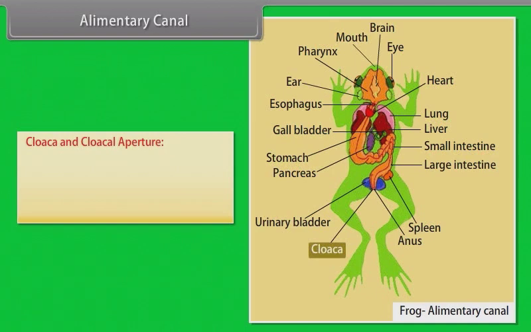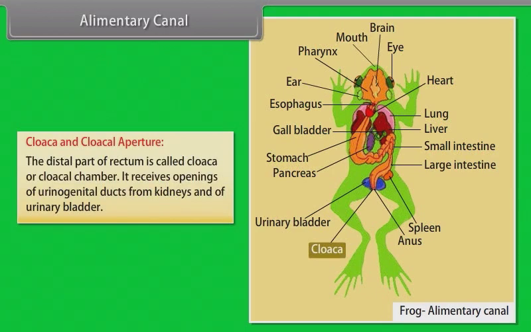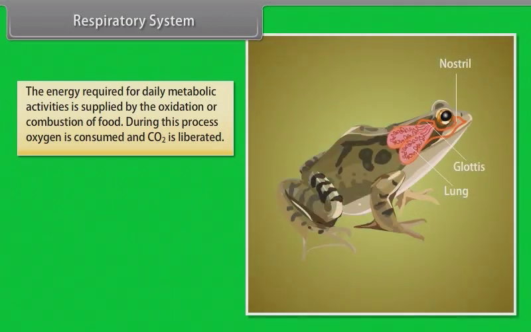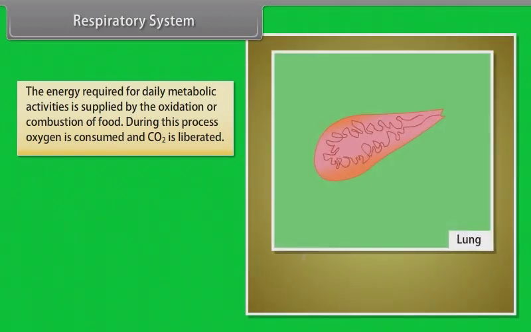Cloaca and cloacal aperture. The distal part of the rectum is called cloaca or cloacal chamber. It receives openings of urinogenital ducts from kidneys and of the urinary bladder. Respiratory system. The energy required for daily metabolic activities is supplied by the oxidation or combustion of food.